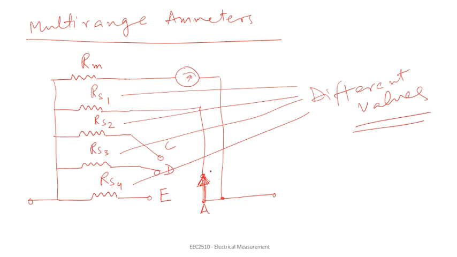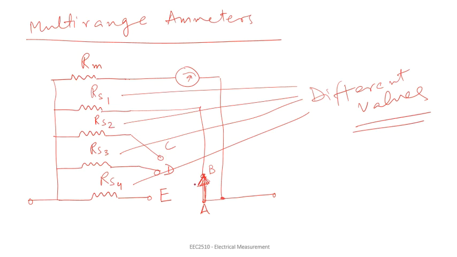At the start, if it is connected to point B, this means that Rs1 is now in the circuit of this meter. This is the value of the shunt resistance which we are using. Similarly, if we disconnect the switch from point B and instead connect it to point C, this connects the shunt resistance Rs2 in the circuit.